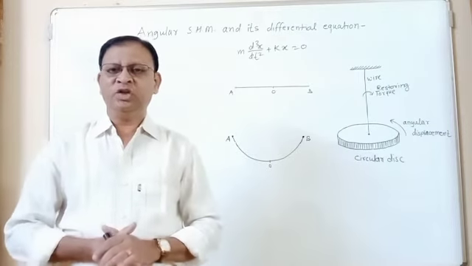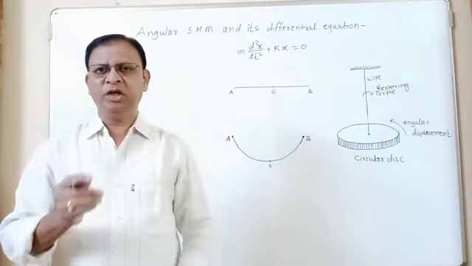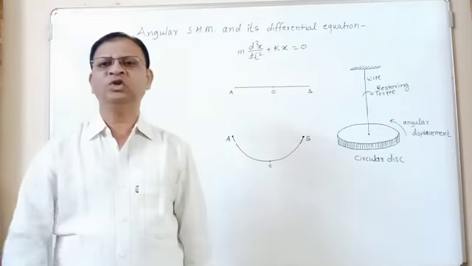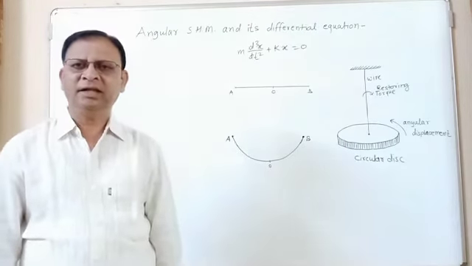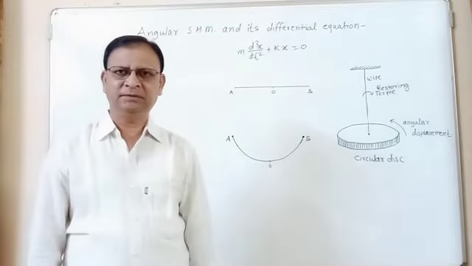You know the oscillatory motion: if any body moves to and fro about a fixed path, then it is called oscillatory motion.